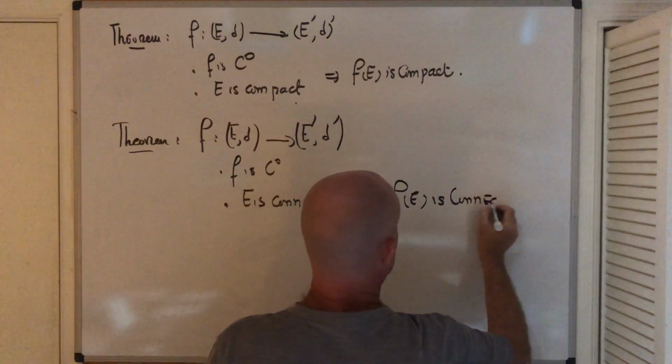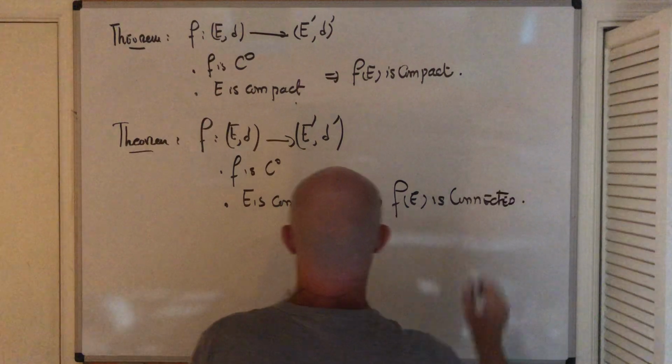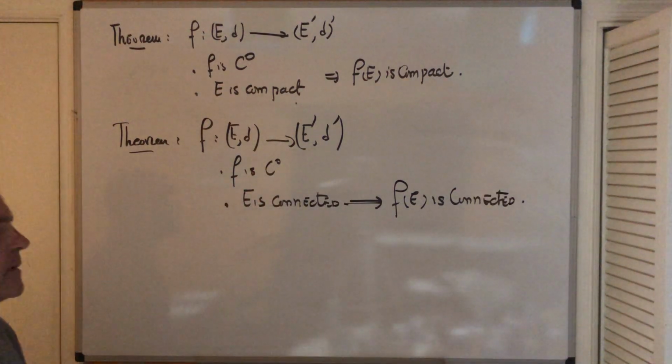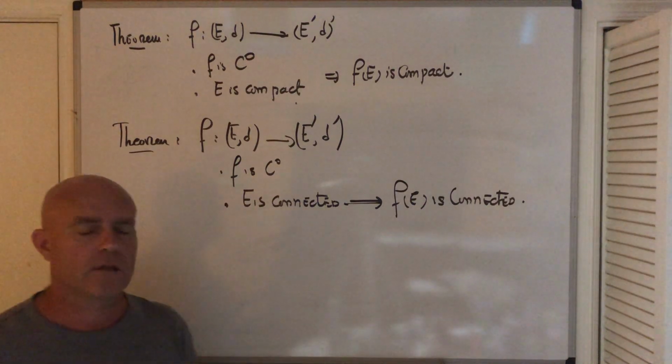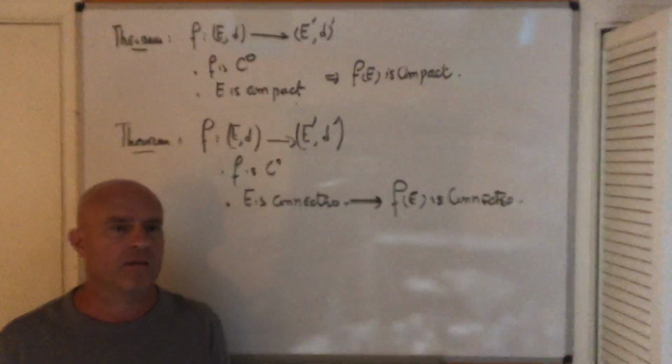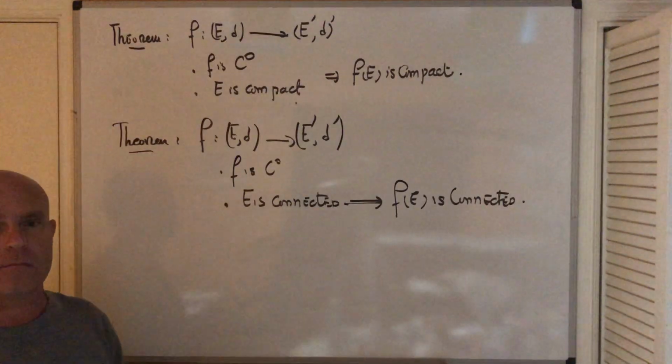All right, so this time I'm really going to use the fact that a space is connected. The only sets which are closed and open at the same time are the set E itself and the empty set.